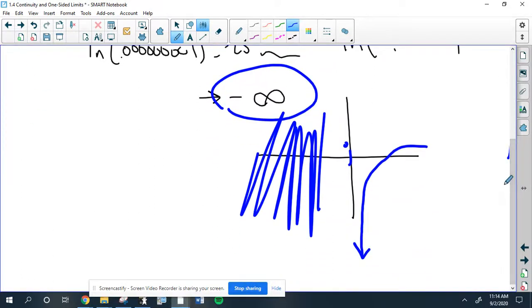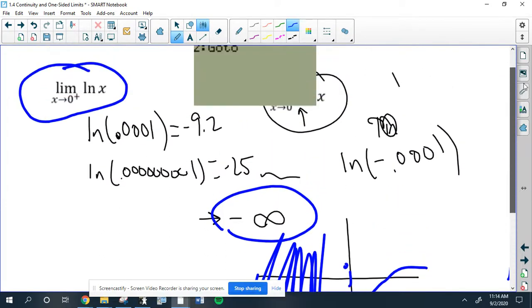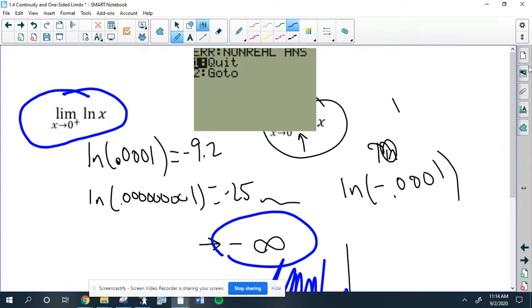And to put the icing on the cake, remember when we talked about vertical asymptotes? We said vertical asymptotes occur where the bottom of a function is 0 and the top is not. Well, that's not the definition. That's just how you find it for certain functions.